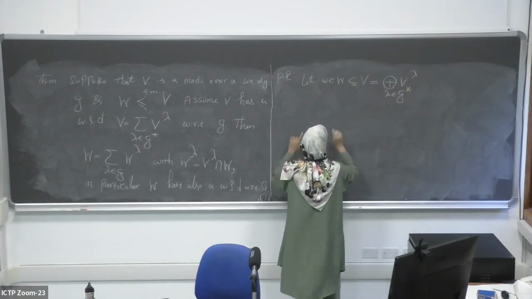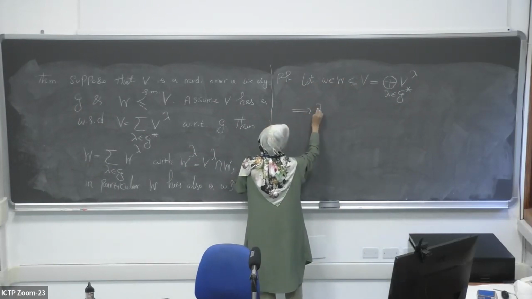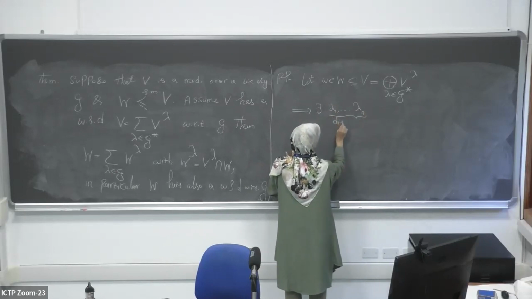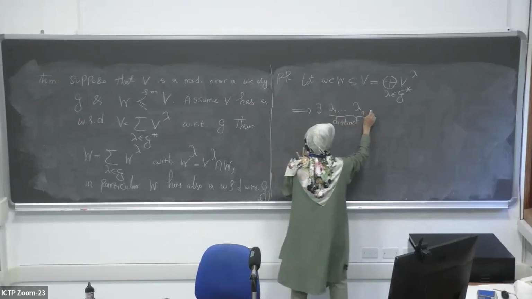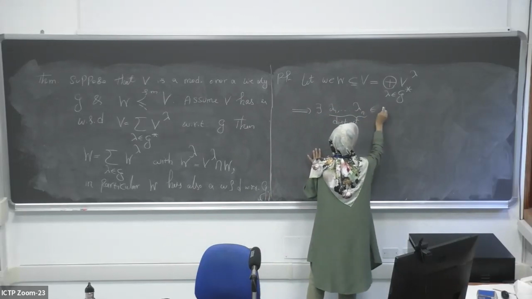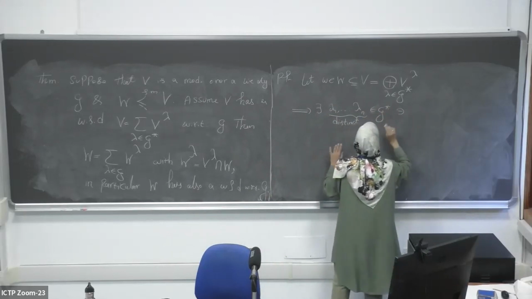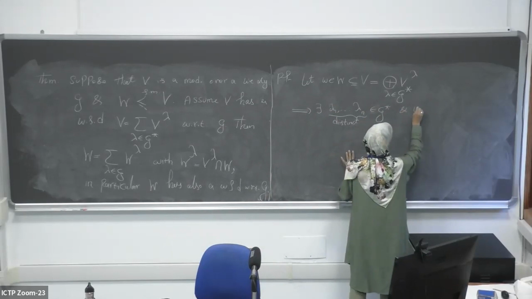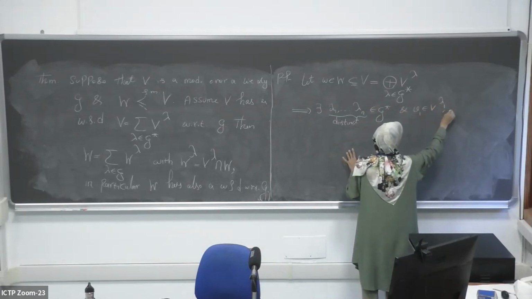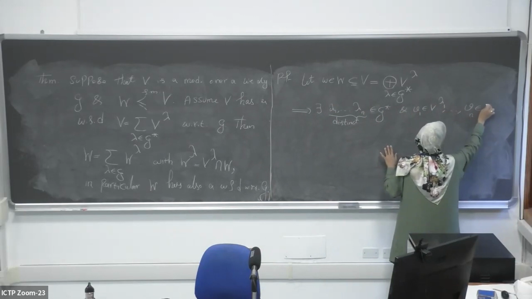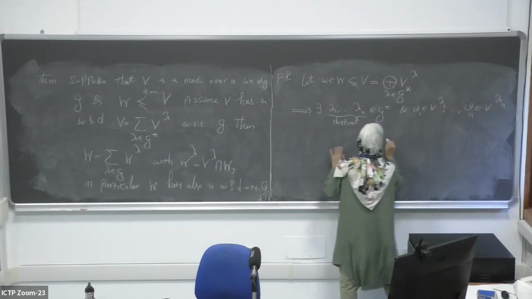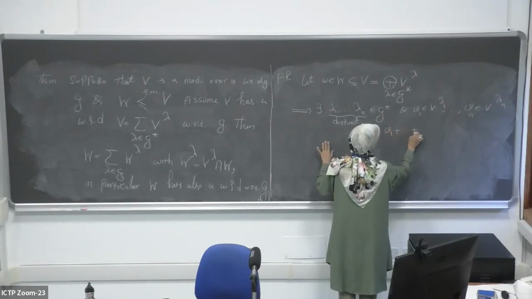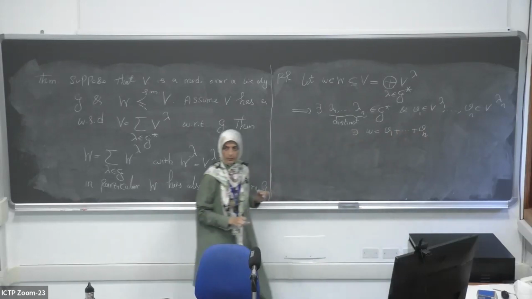Okay. So there exist lambda_1 up to lambda_n distinct elements of G star, and also v_1 belongs to V_lambda_1, up to v_n belongs to V_lambda_n, such that w is v_1 plus up to v_n, right?